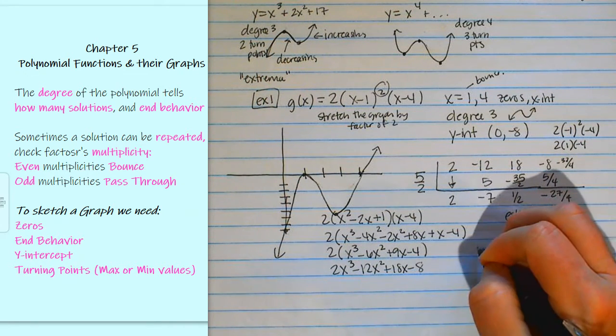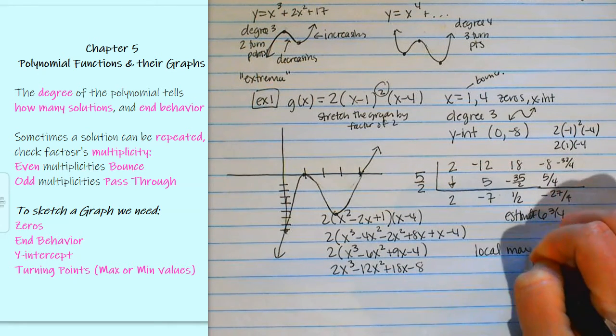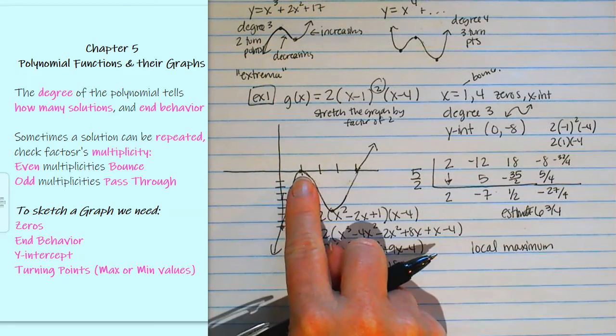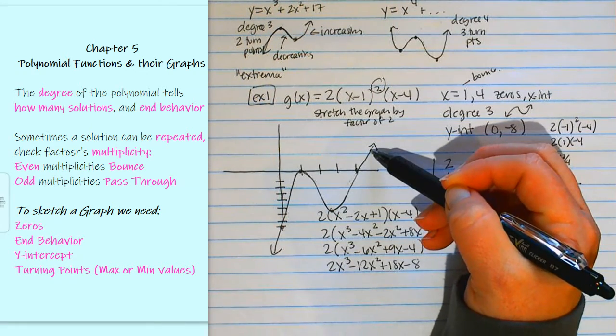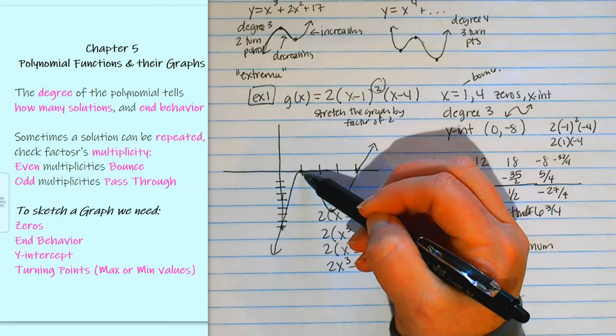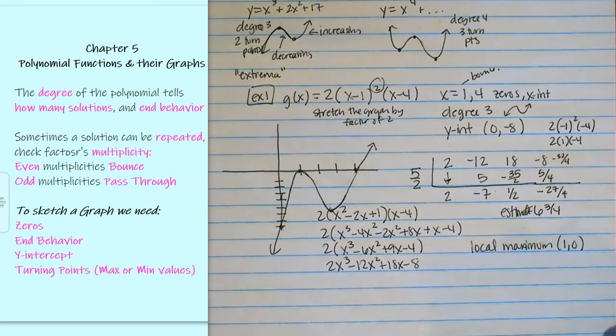So this would have what's called a local maximum. That point is right here. It's the highest point in this neighborhood of points. It's not higher than this point, but it's higher than all the points around it. And so this point at 1, 0 is our local maximum.